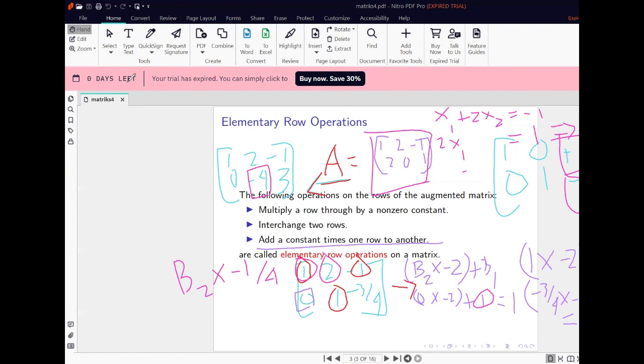And for x2, you substitute x1 as a half, and you get the answer minus 3 over 4.